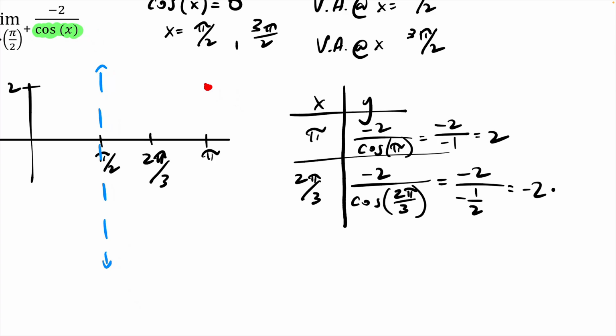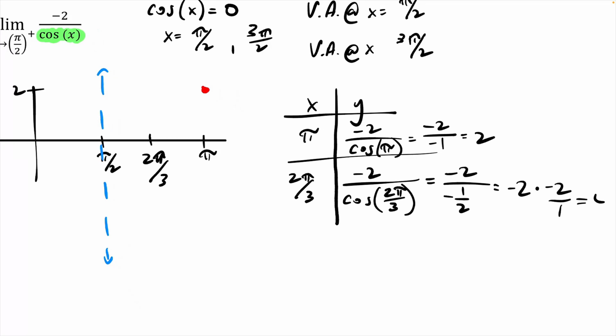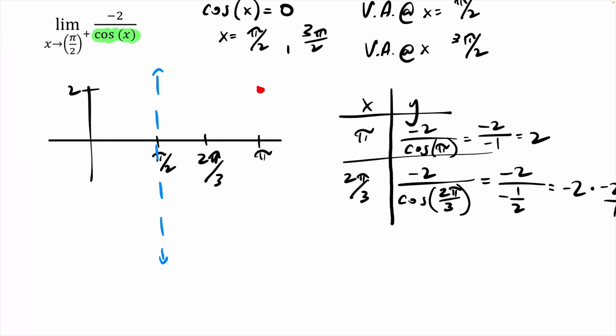So when I flip -1/2, what do I get? -2 over 1, right? So when I multiply those, I get +4. It's rising. So that means it's +infinity. This is evil. Okay. That's it.